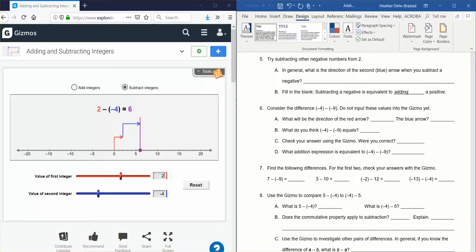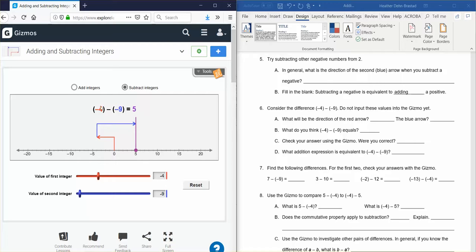So let's check. We're going to change this to negative 4. There's negative 4 minus negative 4. That's 0. But we want minus negative 9. Almost there. There we are. Is that what you got? Negative 4 minus negative 9 is equal to 5.